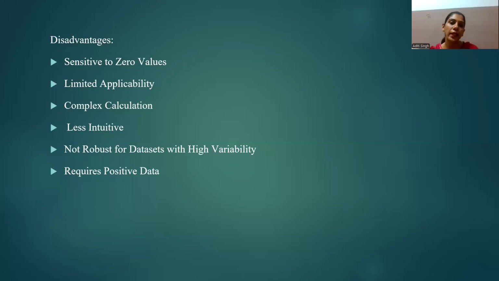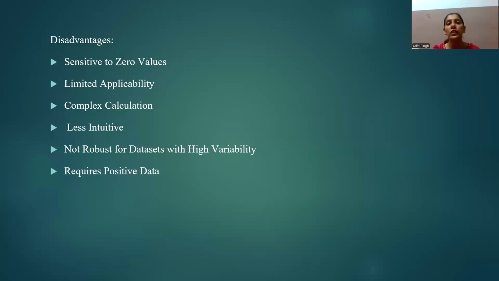Next is limited applicability. The harmonic mean is not always appropriate for data sets that are not rates or not ratios. It limits its general use basically. The harmonic mean is basically not suitable for all types of data, particularly those that are not rates or ratios.